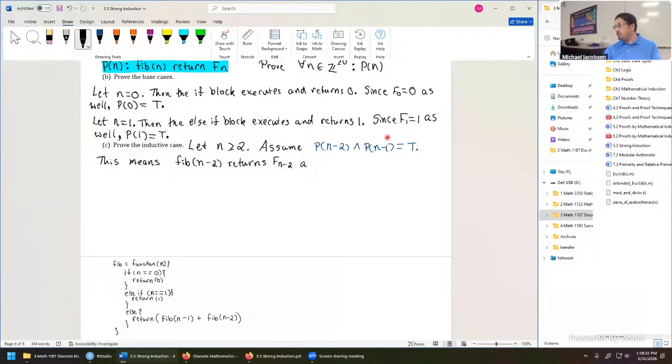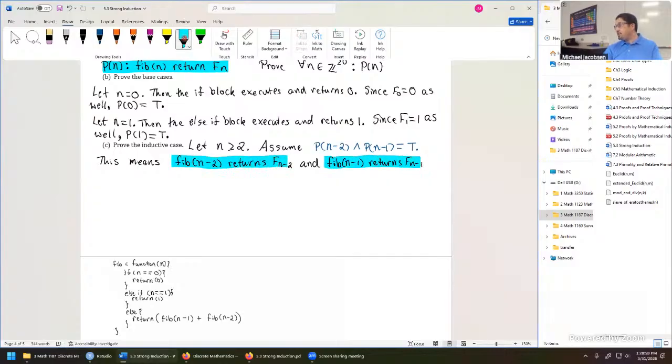Let's connect it with an and. Fib for the Fibonacci sequence at the n minus 1 value, that's plugging n minus 1 back up here, will return the n minus 1 term of the Fibonacci sequence. So I'll just say briefly, returns f at n minus 1.